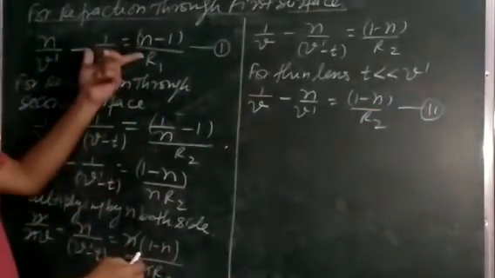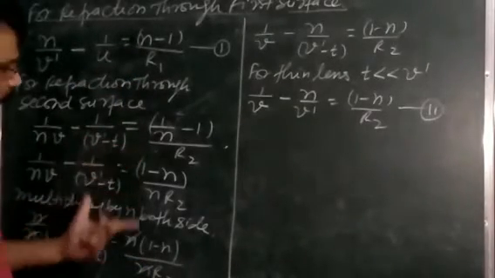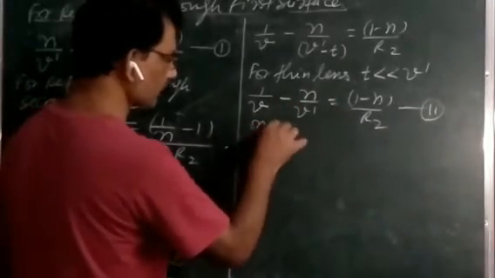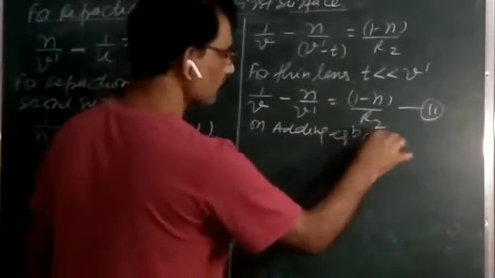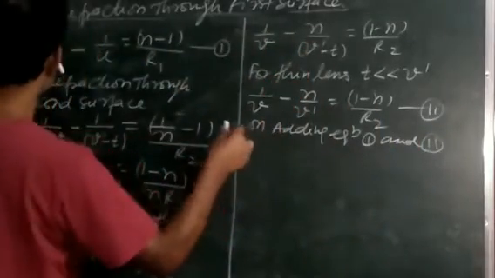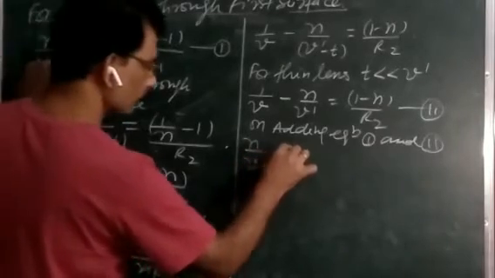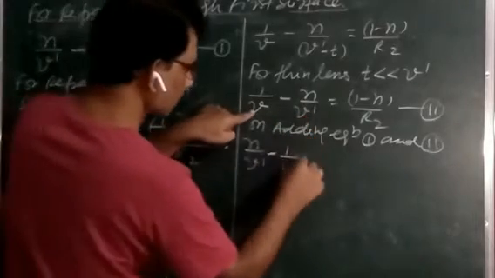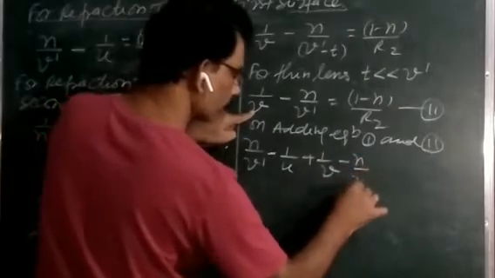Simply this one, equation number 1. This is the refraction through the second surface, and you can finally arrange in the proper way like this one here. On adding equation 1 and 2, equation 1 और 2 को ऐड कर देंगे तो मिलेगा यहाँ पे n upon v dash minus 1 upon u, इसका लेफ्ट हैंड साइड, और प्लस इसका लेफ्ट हैंड साइड, प्लस 1 upon v minus n upon v dash.